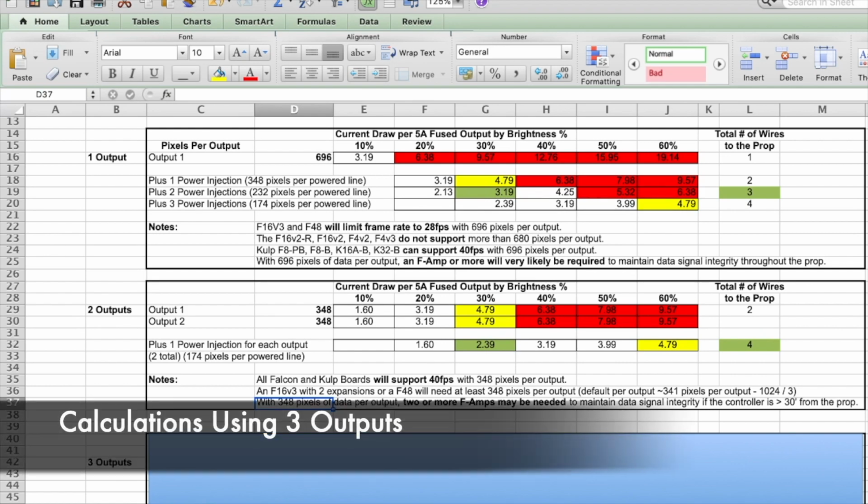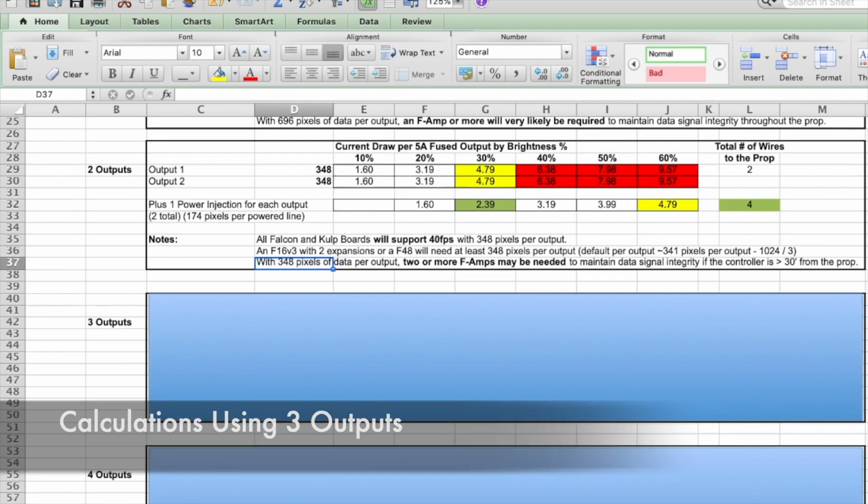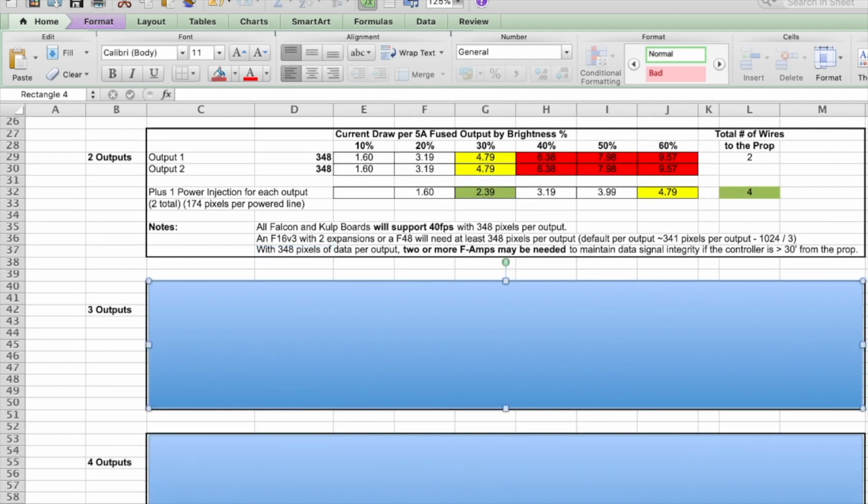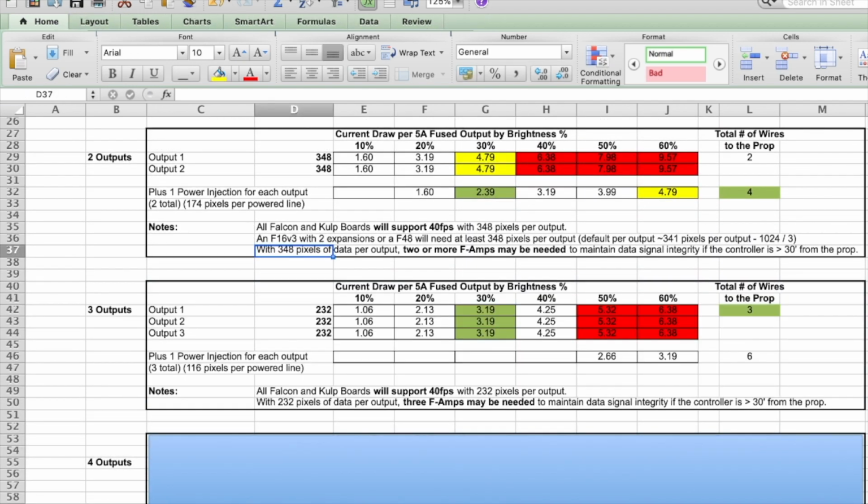Alright, so let's take a look at 3 outputs. That comes to 232 pixels per output. Now we can confidently run with no need for power injection at 30% typical, or even at 40%. If you're going to run at 50% or higher, then you're definitely going to need some power injection.